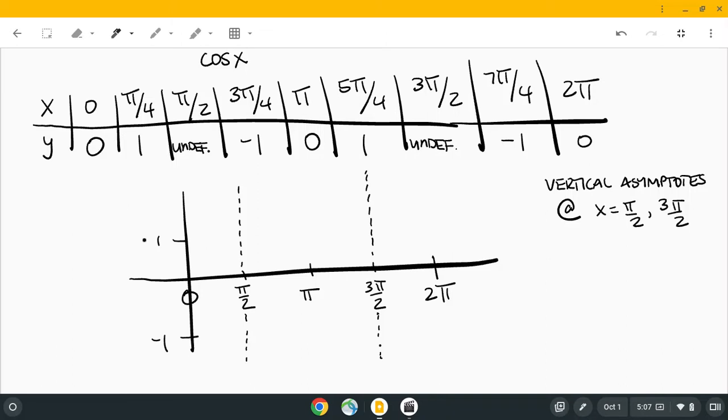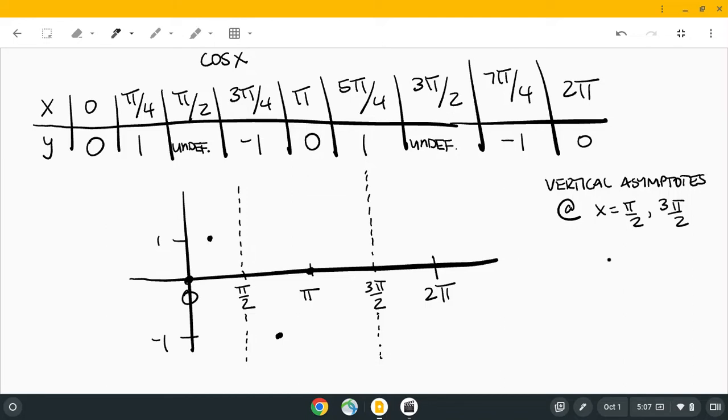All right, so 0, I get 0. Pi over 4, I get 1. And then I have my asymptote here. 3 pi over 4, I get -1. Pi, I get 0. 5 pi over 4, these guys happen to be all the ones that are halfway in between.